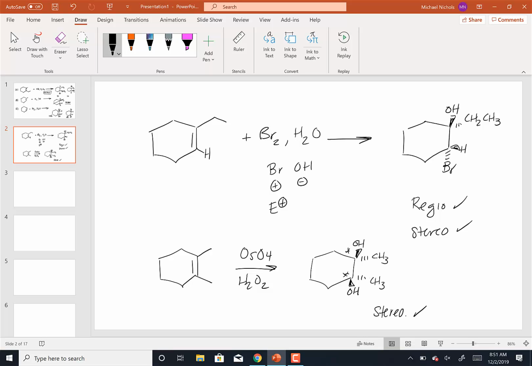So I wouldn't be surprised if in your Top Hat problems, they give you a series of reactions and say, which of these reactions produces a meso compound? Right? If we're doing multiple choice format, that's a great question to ask. Because then you got to write the products of all four reactions, and then you have to remember what meso is. So you got to get the products right, and then figure out which one the meso compound is.